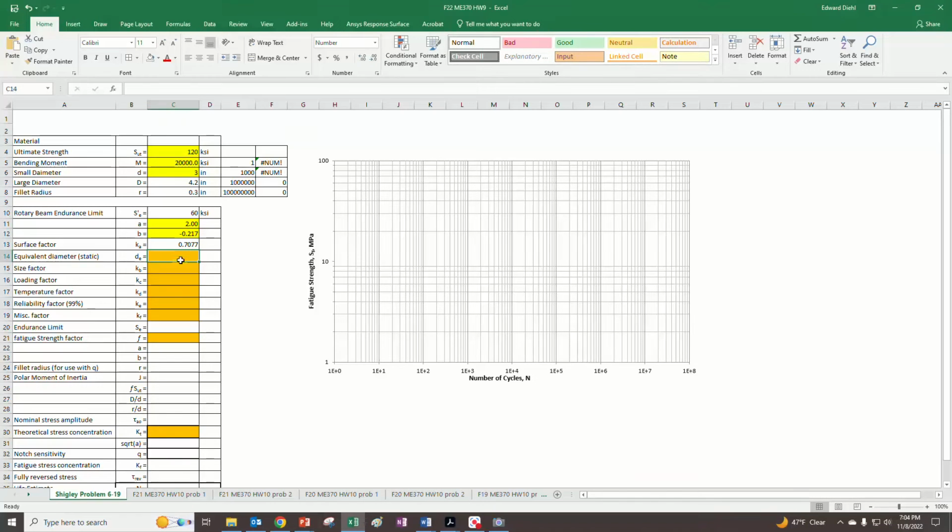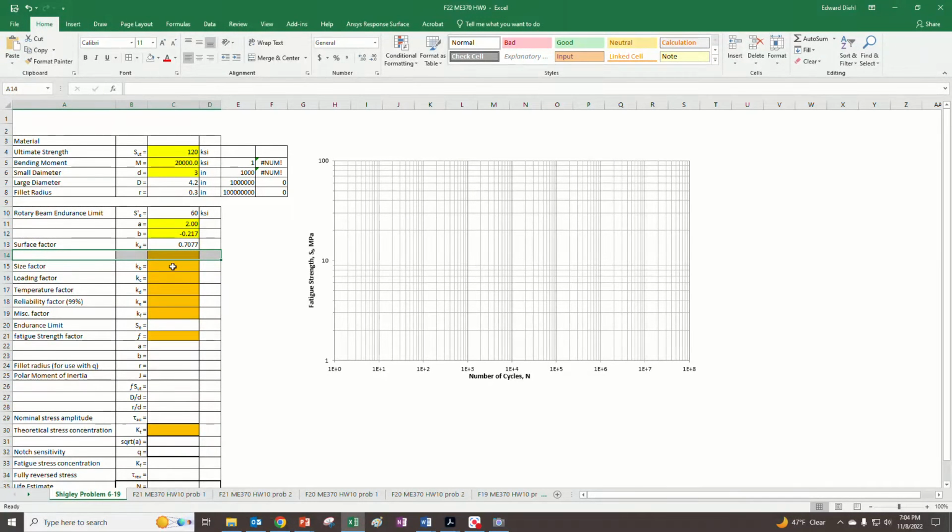So it confirms. Now this is rotating, so we don't actually need this line right here in this case. But if it had been non-rotating, or it had been a square section, we would have the equivalent diameter, and we'd use that for the size factor. The size factor should probably be an if-then statement, because if we had something larger than 2 inches, we use one equation.